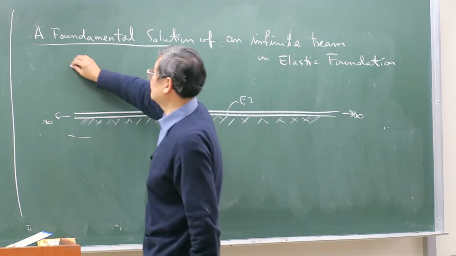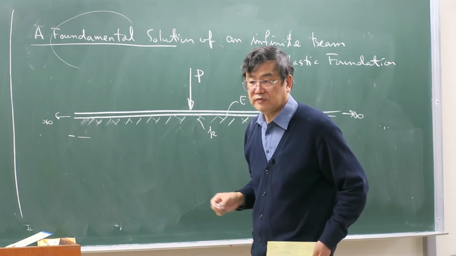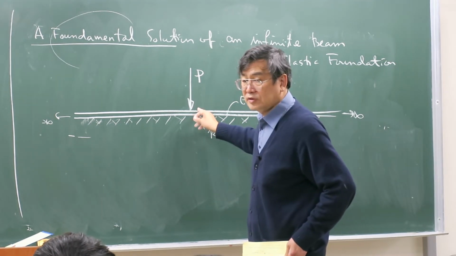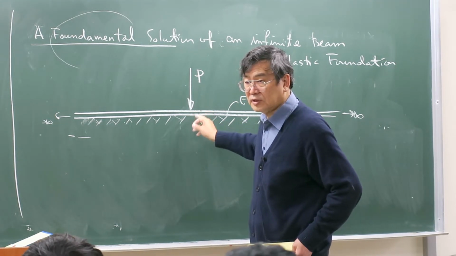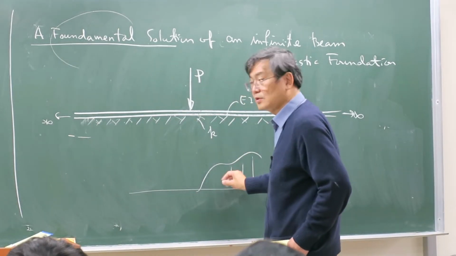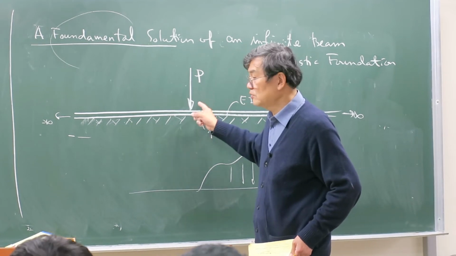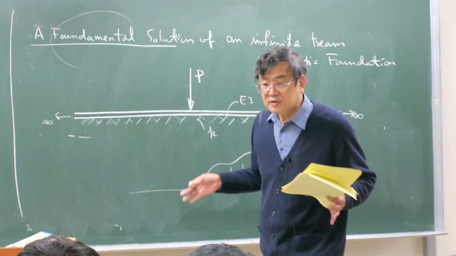We call this kind of a Green function or Green solution because it's very important. This kind of a concentrated load can be used in the future for any kind of distributed load on elastic foundation. So this is very important, and we'll use this for finite lengths or somewhat.